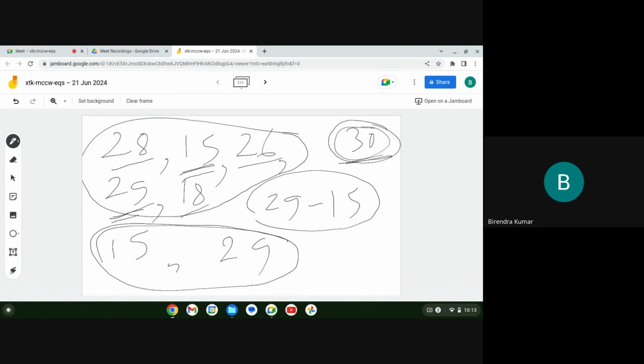What is the smallest score by any child in that group? 15. What is the maximum? 29. What is the range? Range is nothing but the difference between the highest and the smallest number. Or we can say the kids scored in the range of 15 to 29.